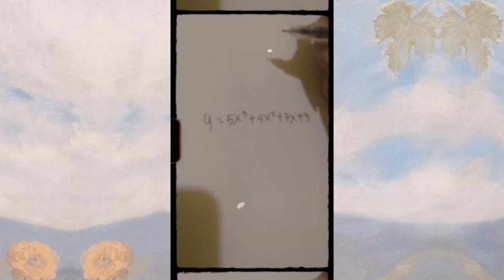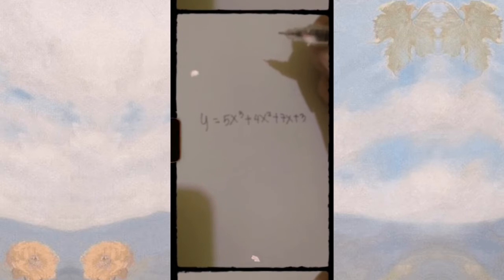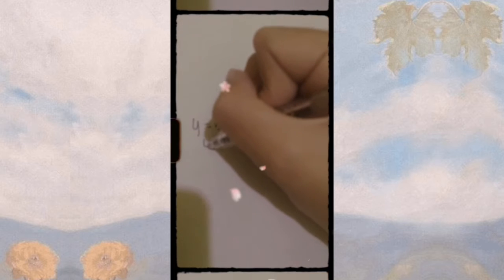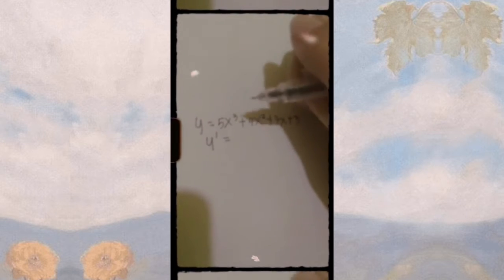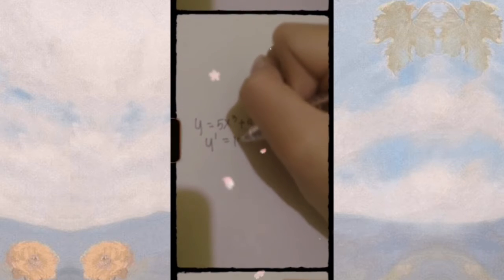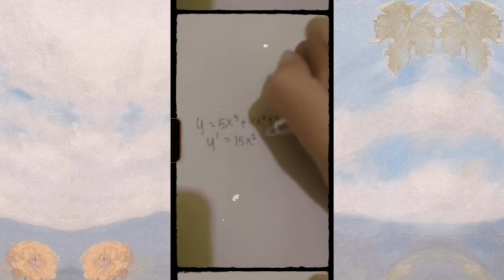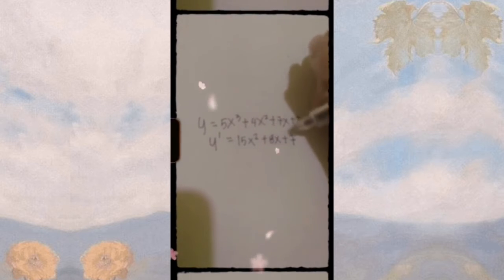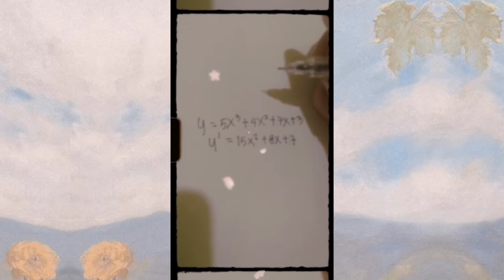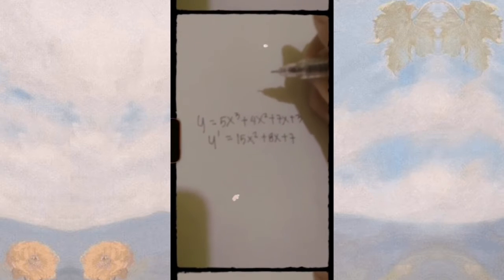So we are going to take the first derivative by using the power rule of differentiation. So we have y prime is equal to, using the power rule, 15x squared plus 8x plus 7. So this is our first derivative of the function.